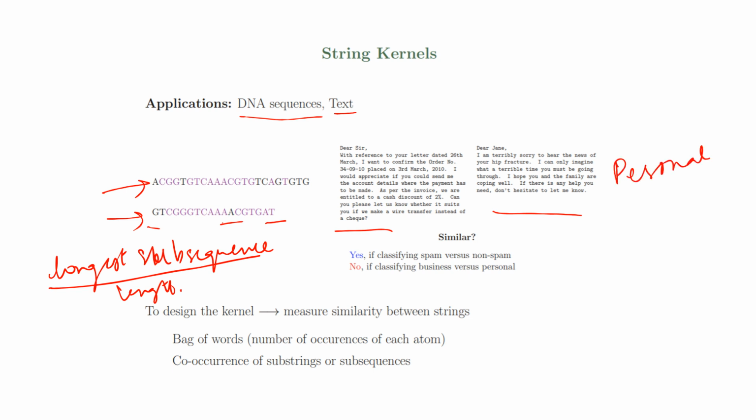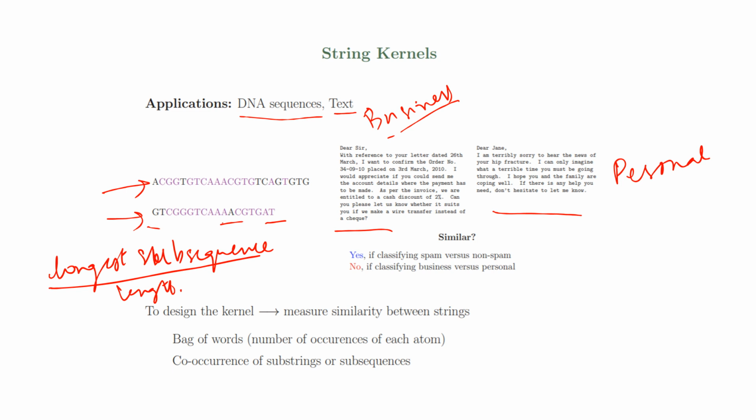We are asked to classify this text into two classes, and then we have to come up with a similarity measure and figure out whether they are similar or not. If our classification criterion is whether an incoming email is spam or not spam, then both are not spam, and so yes, they are similar because they are not spam.